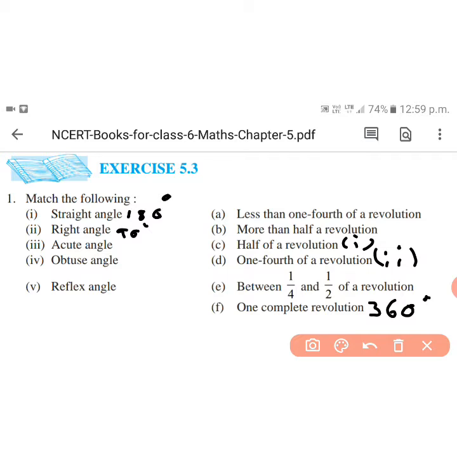Number 3. Acute angle. Acute angle is less than right angle. So less than 1/4 of a revolution. 1/4 is right angle. So acute angle is less than 1/4 of a revolution.